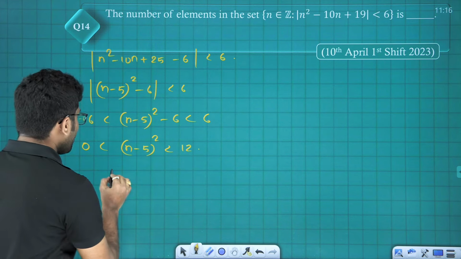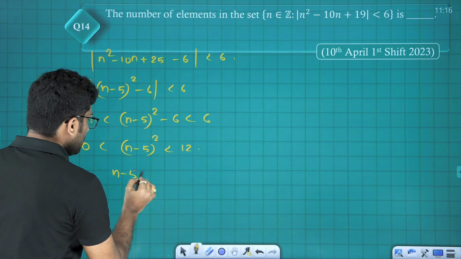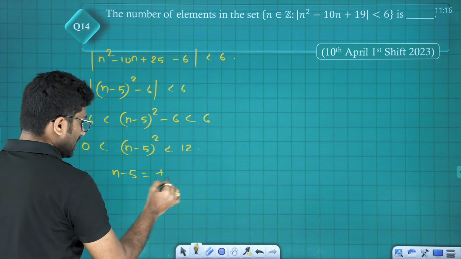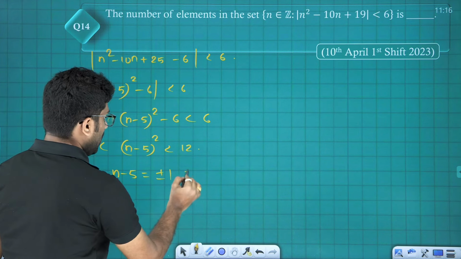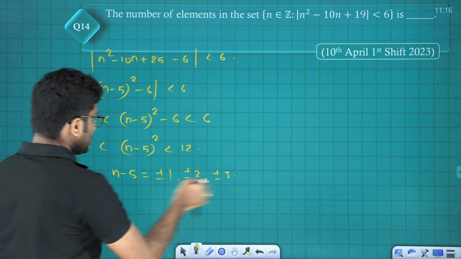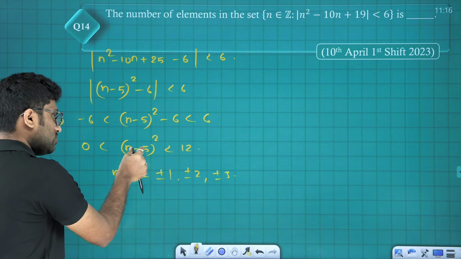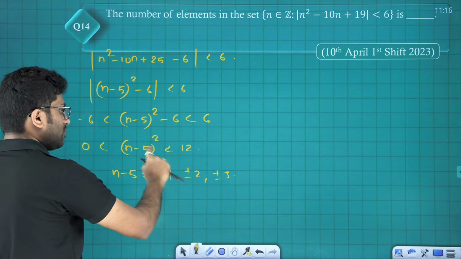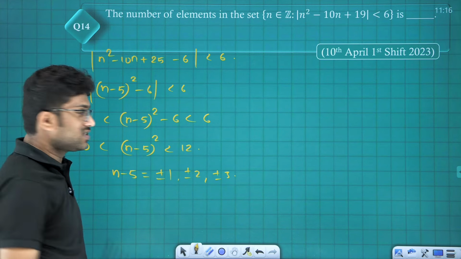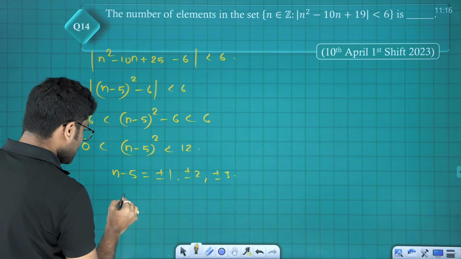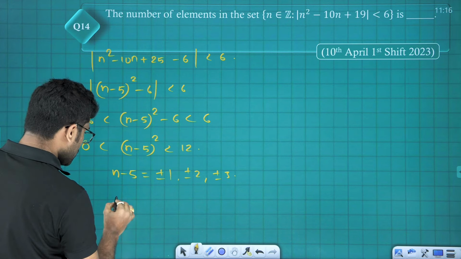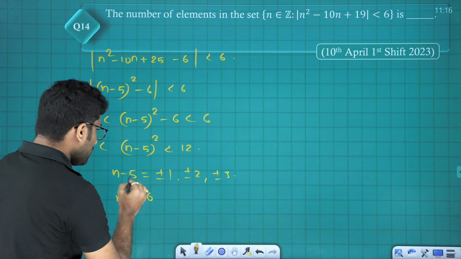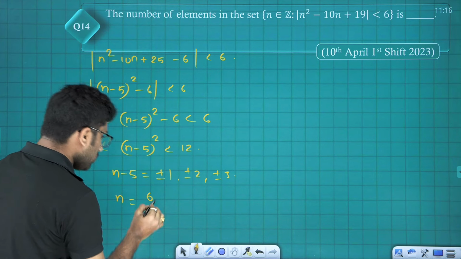N minus 5 whole square less than 12 means n minus 5 can't be 0. It can be either plus or minus 1 or plus or minus 2 or plus or minus 3, because 1 square is less than 12, plus or minus 2 also, and if I take 4 means 4 square 16. So n is equals to, if it is 1 plus 5, 6, or minus 1 plus 5 is 4.